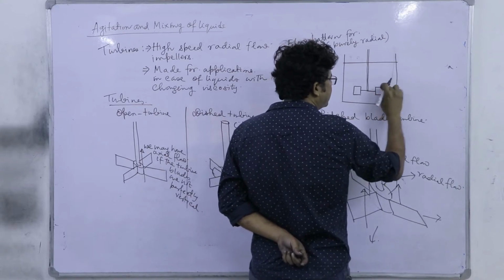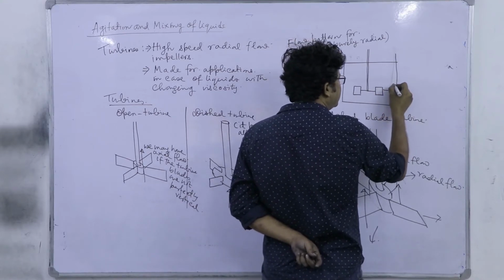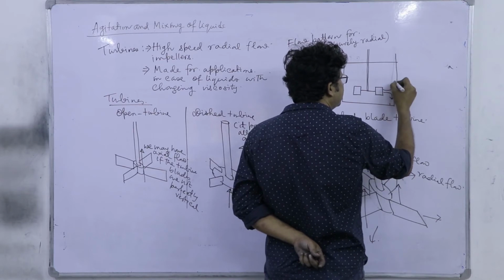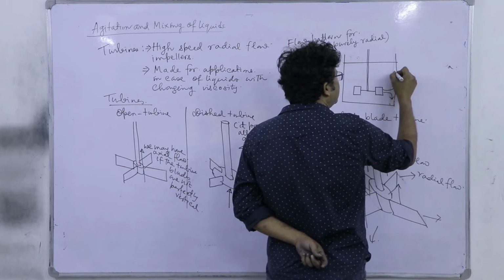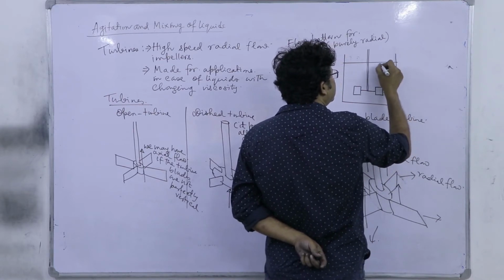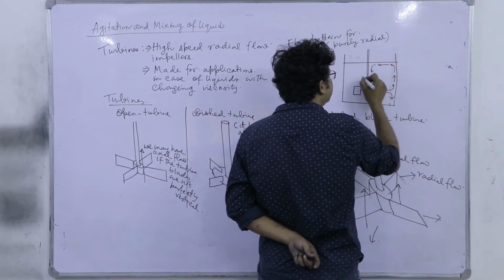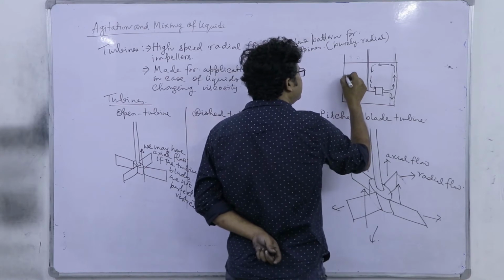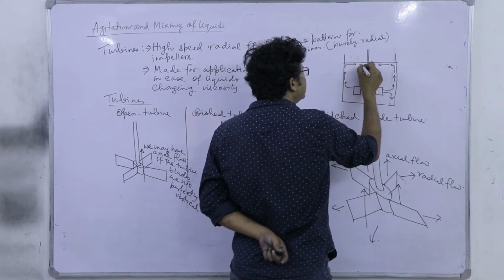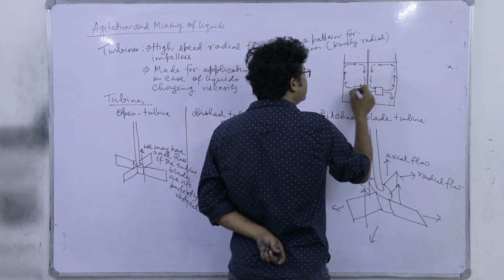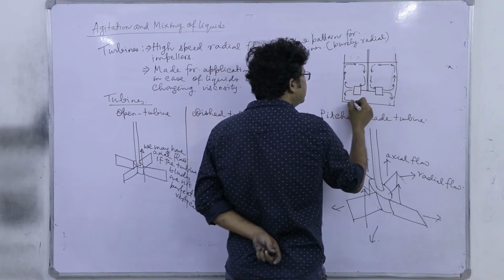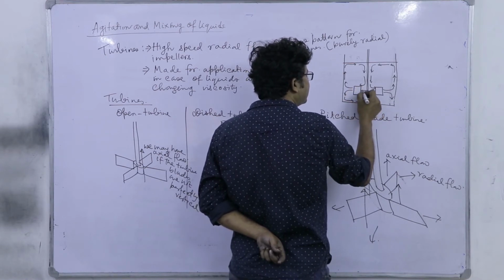Here it produces a strong radial jet which gets deflected by the wall, divides, and one part moves up and circulates back to the turbine itself. Another goes to the bottom and again moves up, circulates back to the turbine.